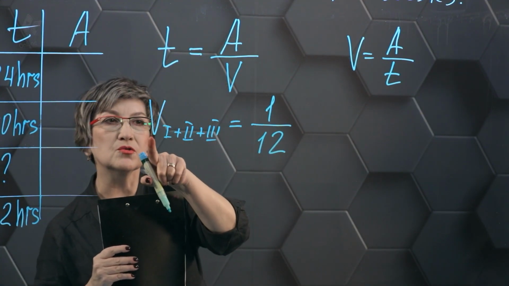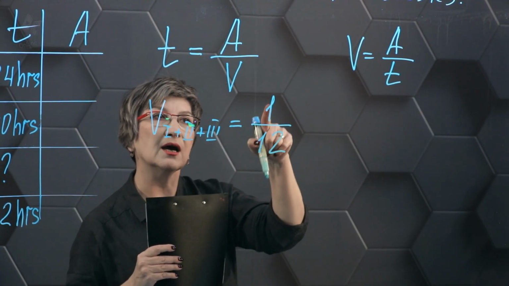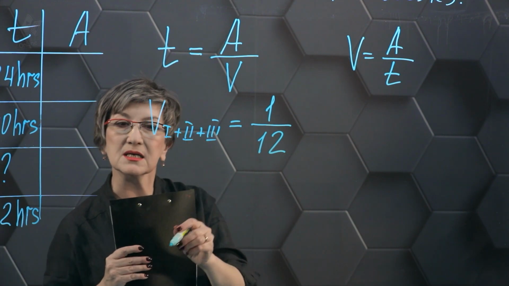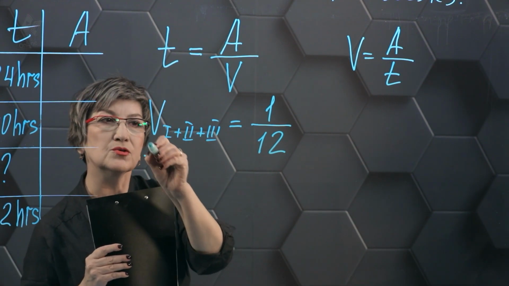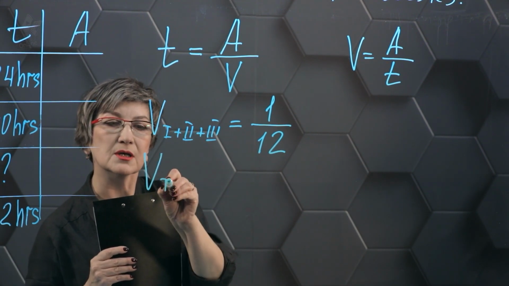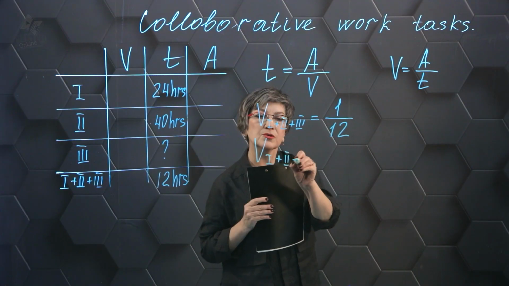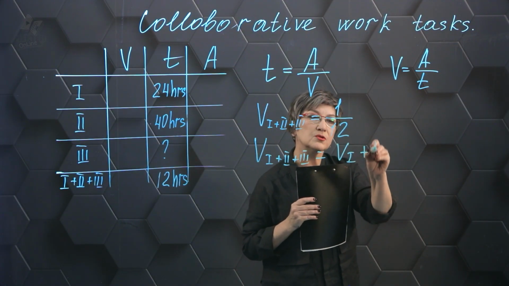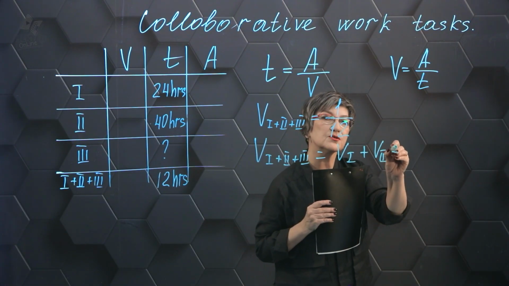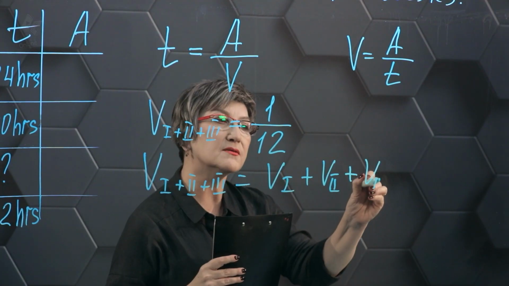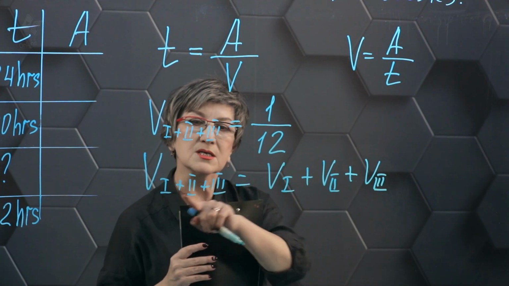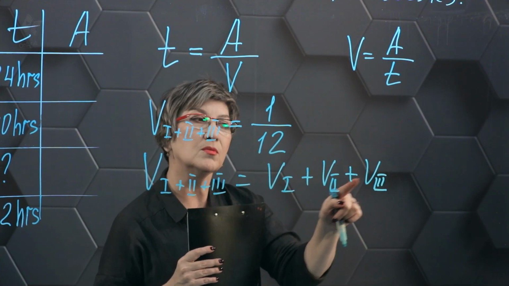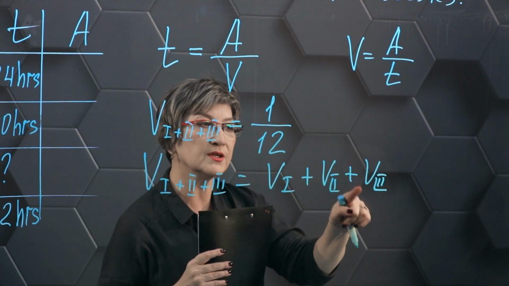But if the productivity of 3 workers is 1 divided by 12, then the productivity of 3 workers is the productivity of the first worker plus the productivity of the second worker plus the productivity of the third worker. Using this formula, we can find the productivity of the third worker.